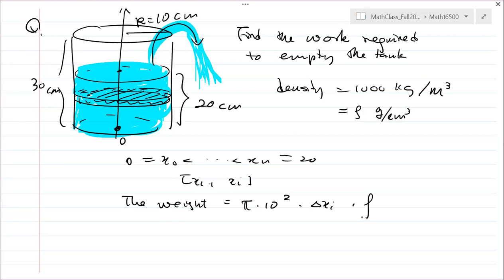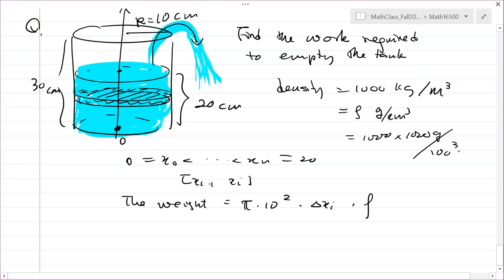Now, how do you change it to the density? 1,000 kilograms is 1,000 times 1,000 grams, divided by 1 meter, which is 100 centimeters, cubed.